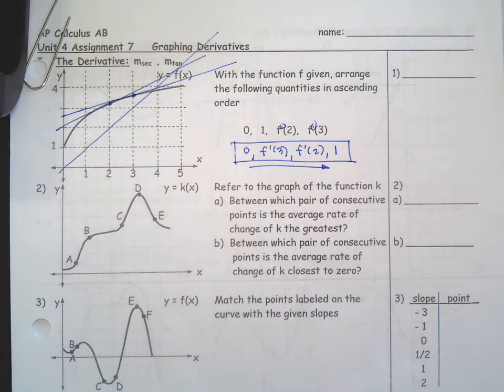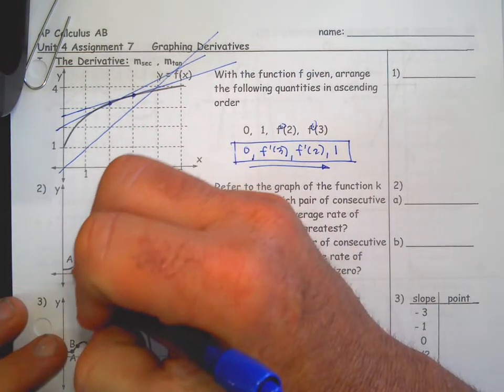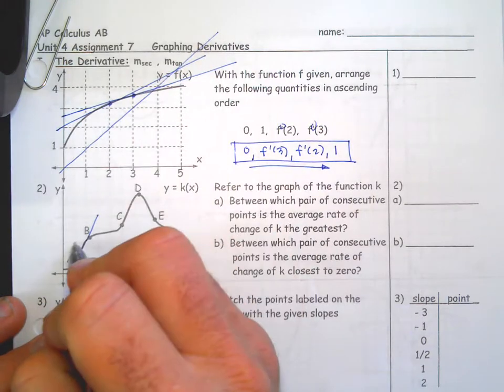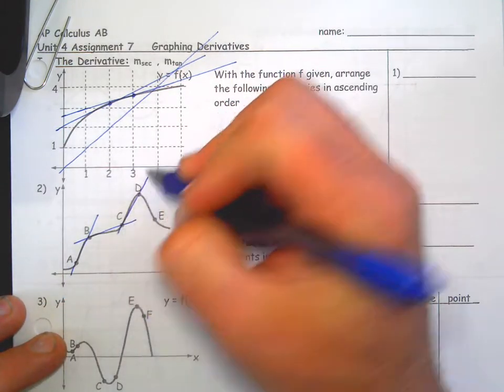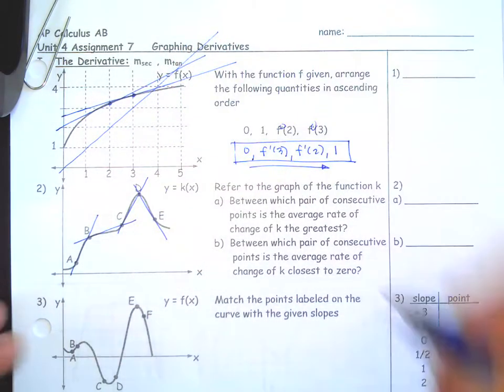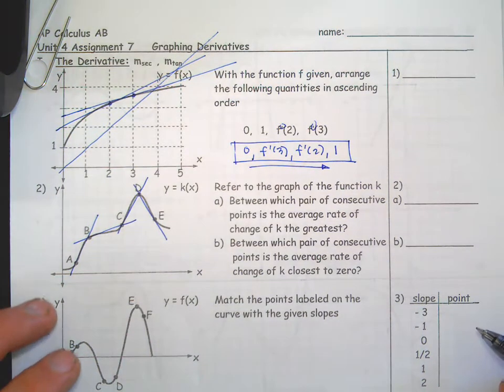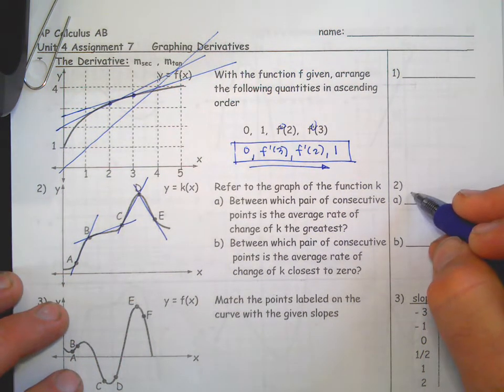Okay, refer to the graph of the function k. Between which pair of consecutive points is the average rate of change of k the greatest? So average rate of change is the slope of the secant line between the endpoints. So we could just draw it. It'd be that, that, that, that. Either it's a tie or it's just slightly different.